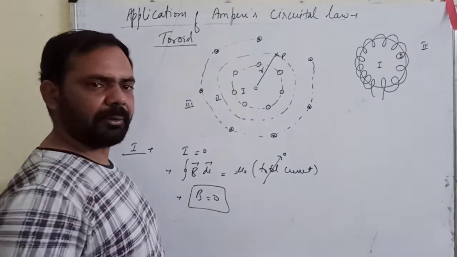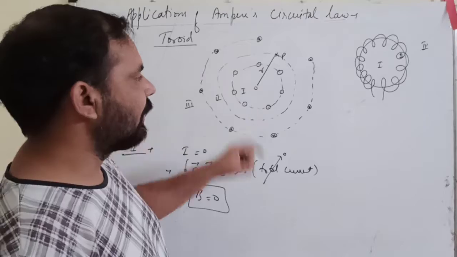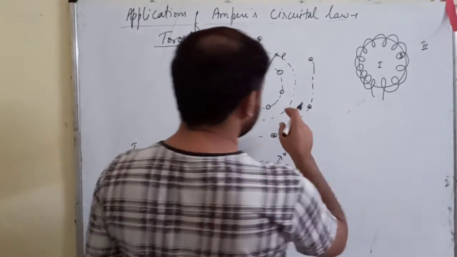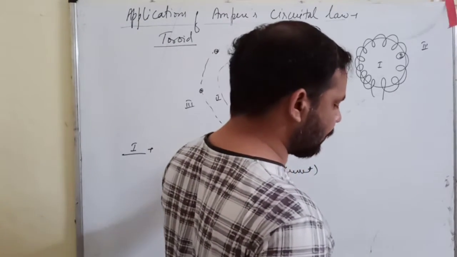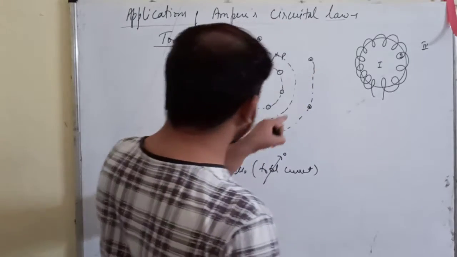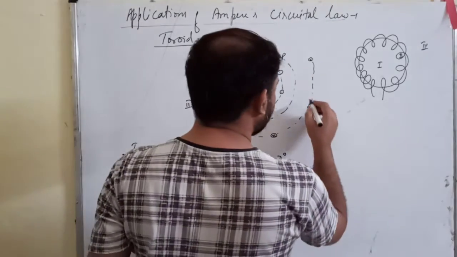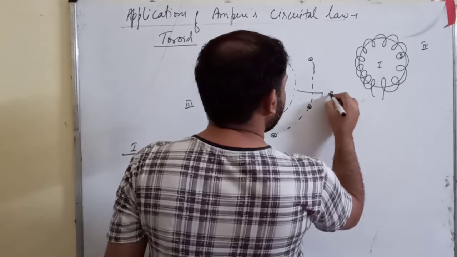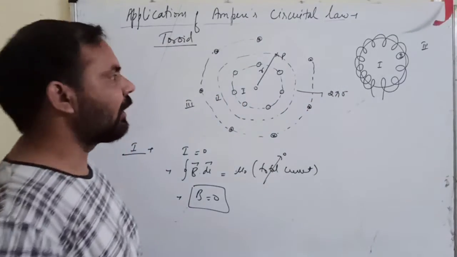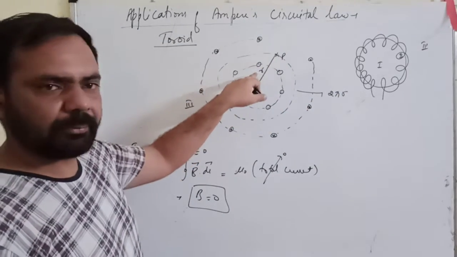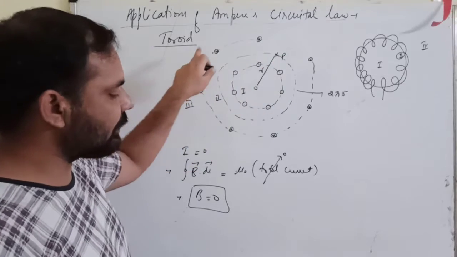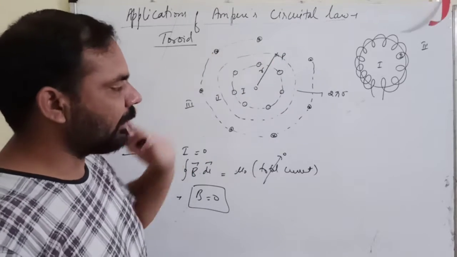What will be the length of this loop? Let us suppose that r is the radius of the loop. Then the total length of the loop is 2 pi r.